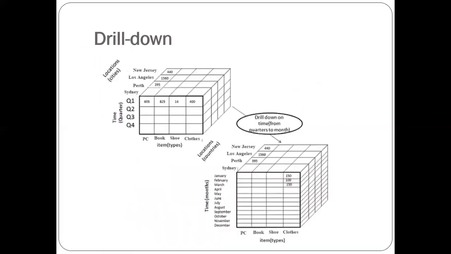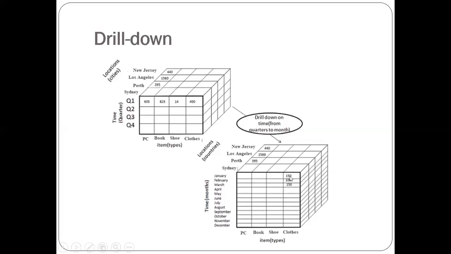Drill down is nothing but, again, here we have the Q1, right? 605. That Q1 we are splitting into January, February, March. So everything will be maintained at the table level, on date level. So we are splitting the table into monthly, quarterly, yearly, weekly, all this we will be taking.